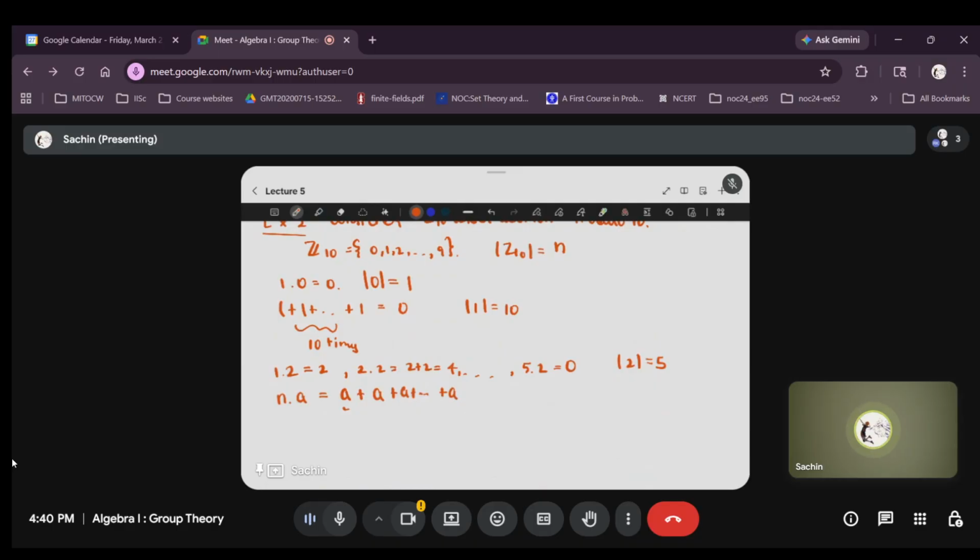But for integers, it also happens that you can do integer multiplication itself. So adding a n times is the same as multiplying a by n in integers. In a general group, that need not be true.